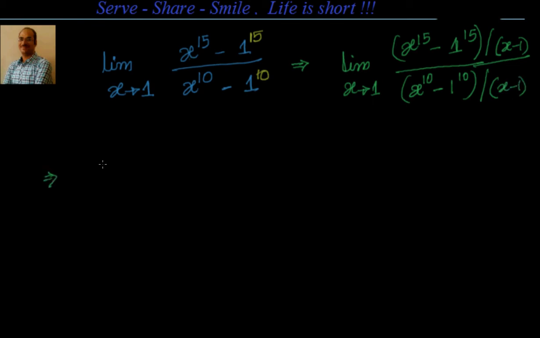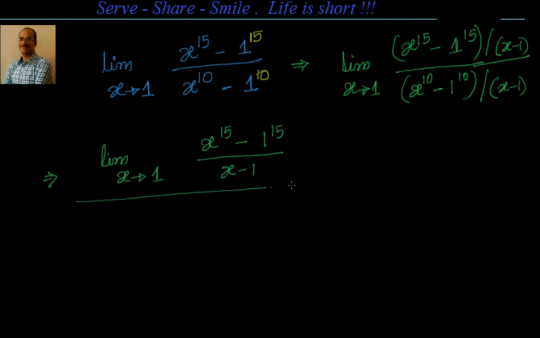Now this is nothing but equal to, I can separate them individually and say limit x tends to 1, the numerator is x to the power of 15 minus 1 to the power of 15 by x minus 1, divided by, again limit x tends to 1, x to the power of 10 minus 1 to the power of 10 by x minus 1. Now we know the formula. Here n is equal to 15.